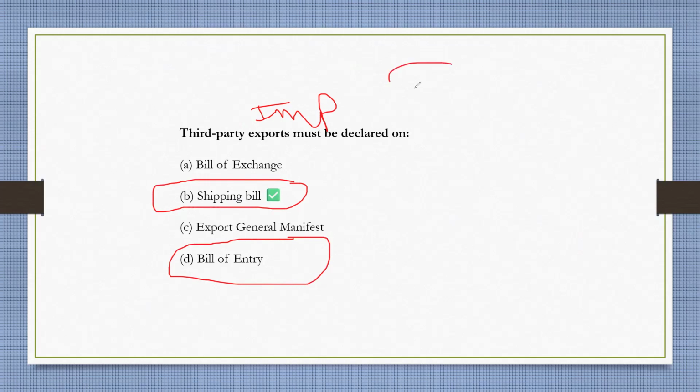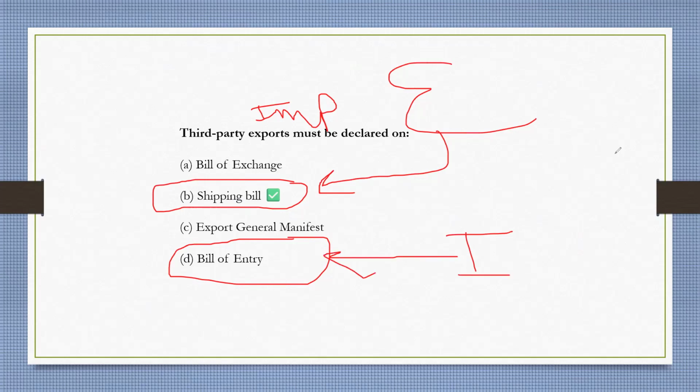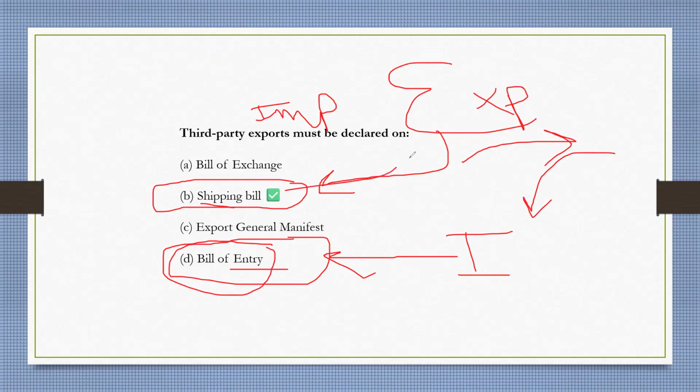So जब भी हम export करते हैं, whenever we are doing export, shipping bill is generated. Whenever we are doing import, then bill of entry. Import means हम बाहर से अपने कंट्री में गुड्स ला रहे हैं, और जब भी बाहर से कोई गुड्स कंट्री में आ रही है तो उसकी एंट्री हो रही है. So we will require bill of entry. And whenever we are doing export, जो सामान है उसे बाहर भेज रहे हैं, that is we are shipping. So we need shipping bill in export.